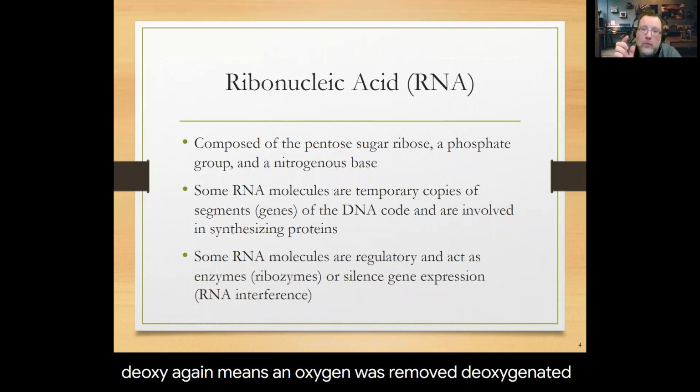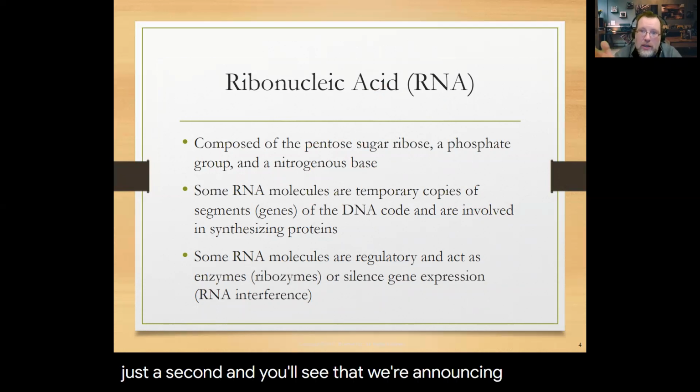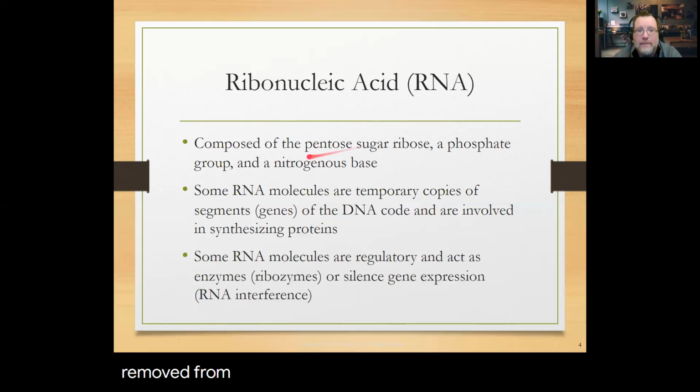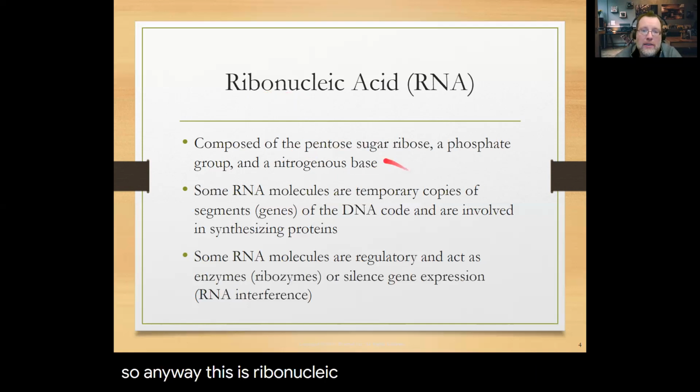When we look at the structures of these in just a second, you'll see where an oxygen has been removed from the DNA, making it a deoxyribose. So anyway, this is ribonucleic acid, basically the same structure, just one oxygen lacking. So we'll compare those in a second with an illustration.